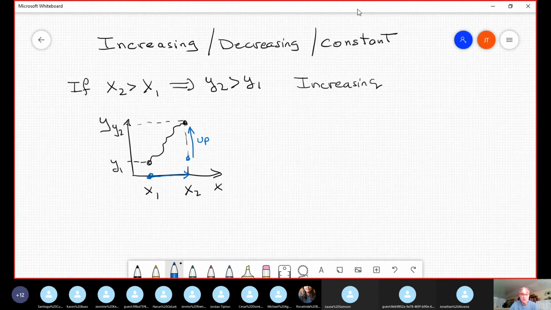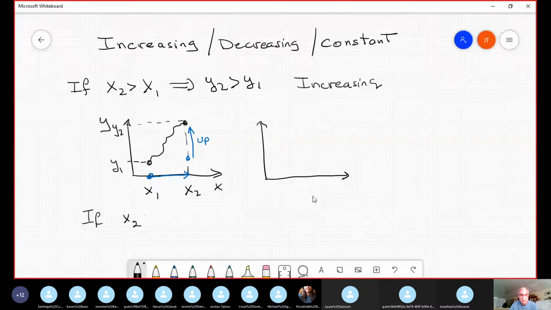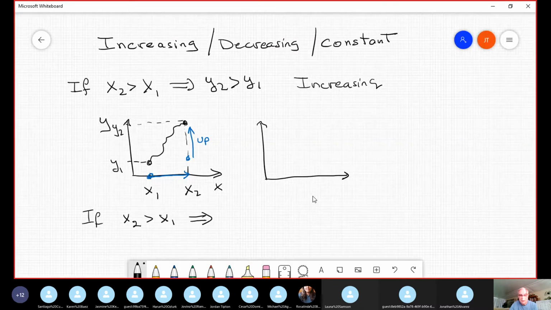A similar situation happens, well, not similar, a completely opposite situation happens with decreasing. The formal definition is: suppose that x2 is bigger than x1. This is the supposition, and this implies that y2 is smaller than y1.